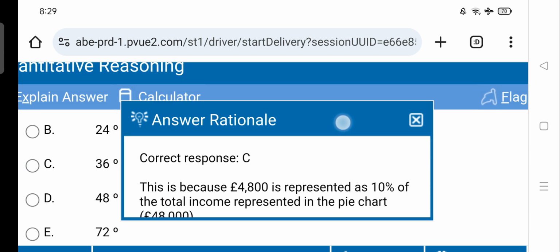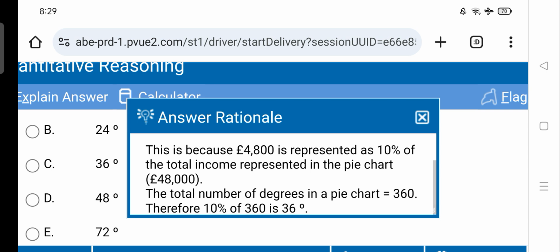This is because 4,800 pounds is represented as 10% of the total income represented in the pie chart, that is 48,000 pounds. The total number of degrees in a pie chart is equal to 360.